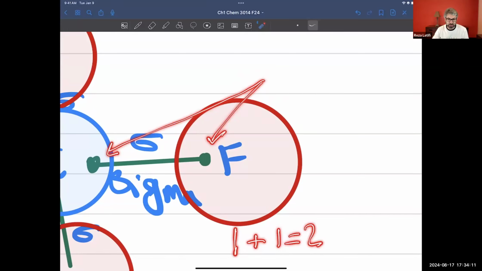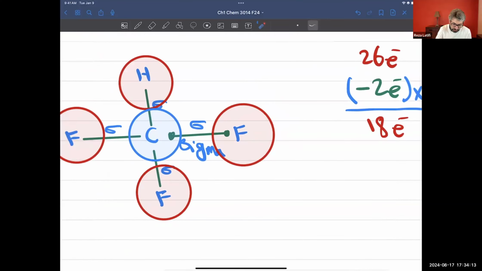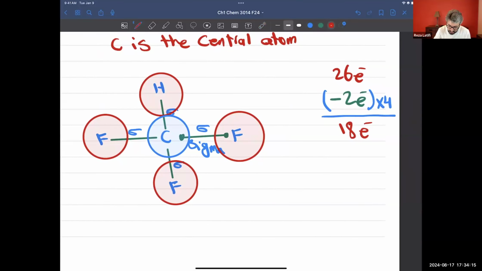We need to make it an octet. So what should I do? I'm going to give this one 6 extra electrons to make it an octet. Now I see 7 electrons inside the circle, and we made 1 bond, so that will be 8. I use 6 of them, so I'm going to say minus 6.